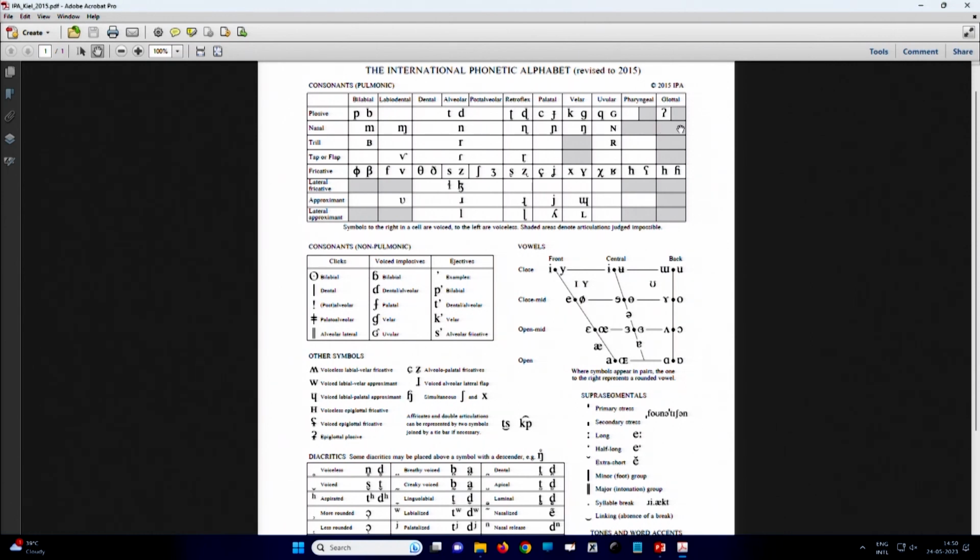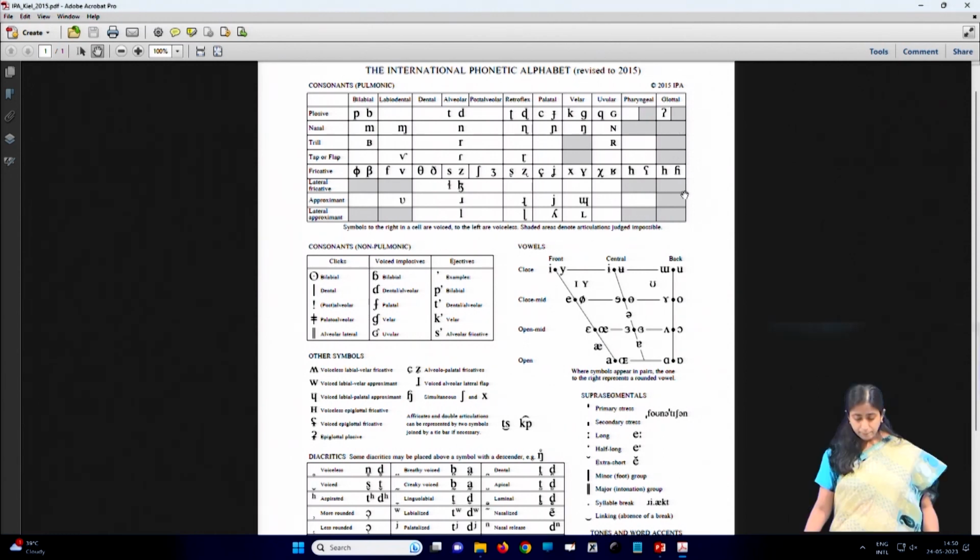So, if one says that I have a nasal glottal in my language, do not believe her, because that is not possible for humans to articulate. When you see these gray areas, this means that these sounds are not possible in human language. Again, you can see some boxes which are not gray, but blank.